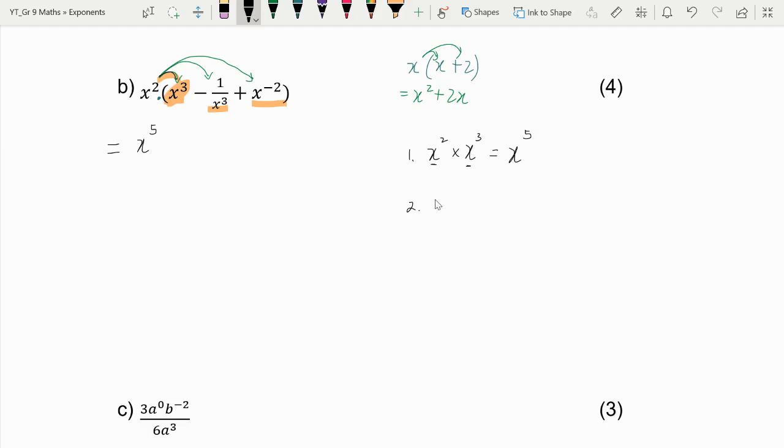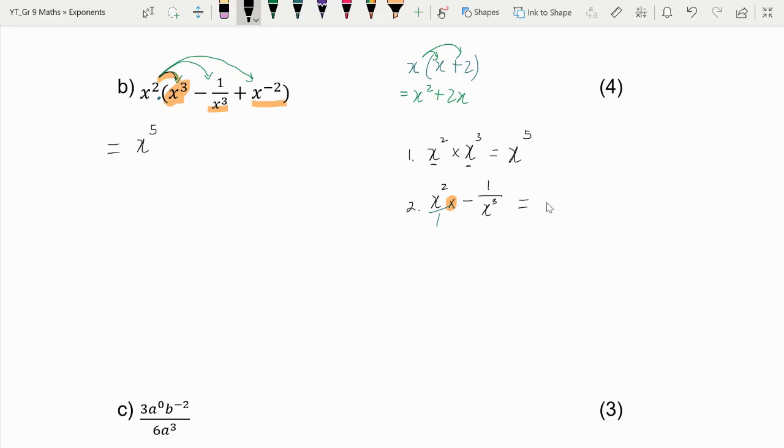Then we are going to multiply x squared with that negative 1 over x to the power of 3. Okay, when we do that, I'm just going to put that x squared over 1 so that I'm dealing with 2 fractions there. And they are being multiplied. So how do we multiply fractions?